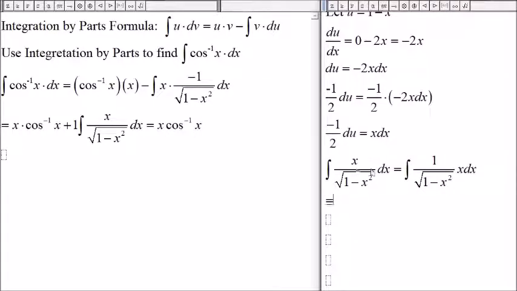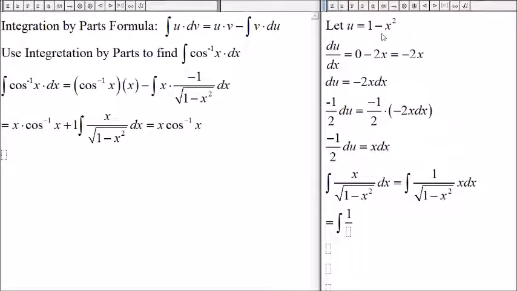So this is 1, and we call this u. u was 1 minus x squared, so this becomes the square root of u, and then x dx is negative 1/2 du.